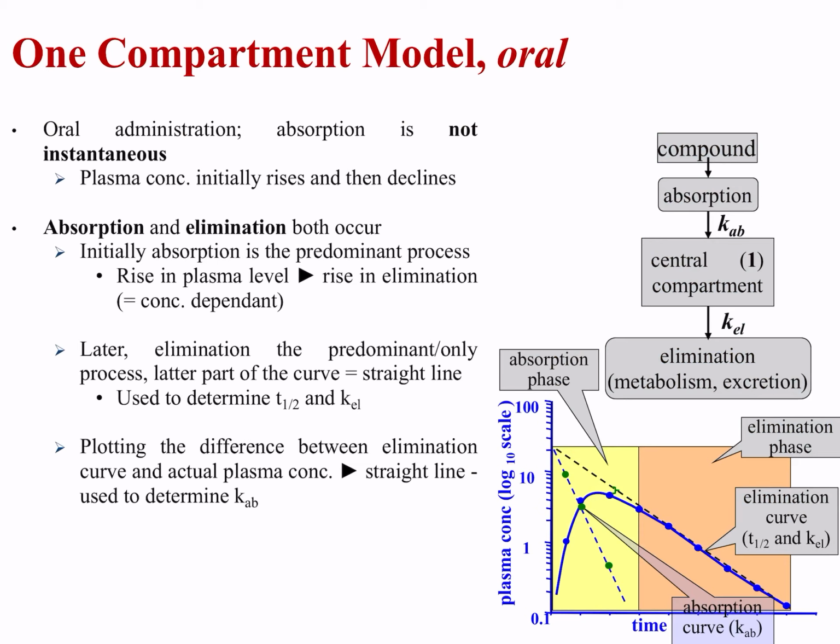Later, however, elimination is the predominant and only process, as can be seen in the latter part of the curve, where there is almost a straight line. This can be used to determine things like the half-life, the T-half, and the elimination rate constant, KEL. Plotting the difference between the elimination curve and the actual plasma concentration gives a straight line that can be used to determine the absorption constant, or KAB.